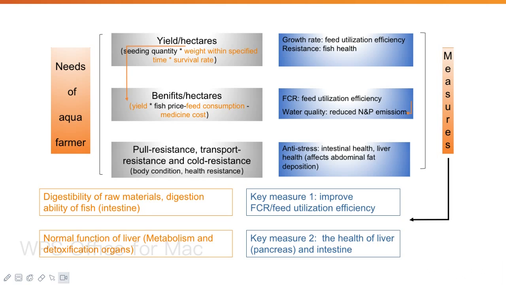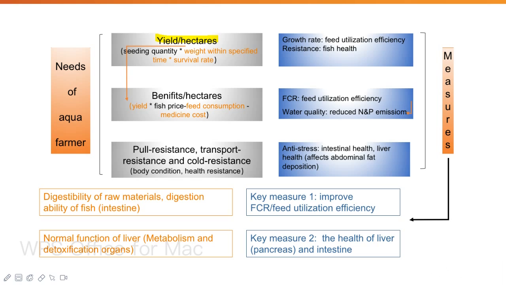So let's analyze these three factors one by one. The first one, the yield per hectare. This is based on the seeding quantity, the weight within specified time, and the survival rate.